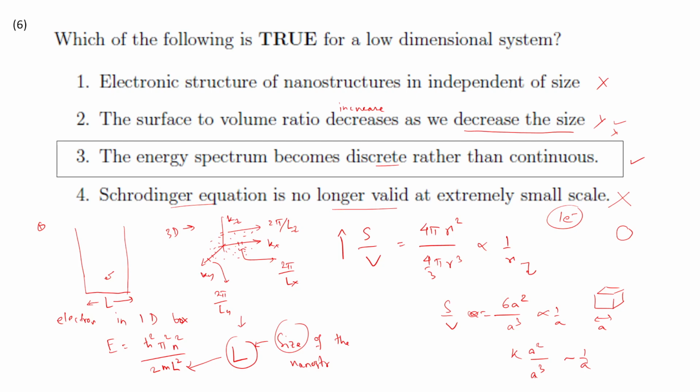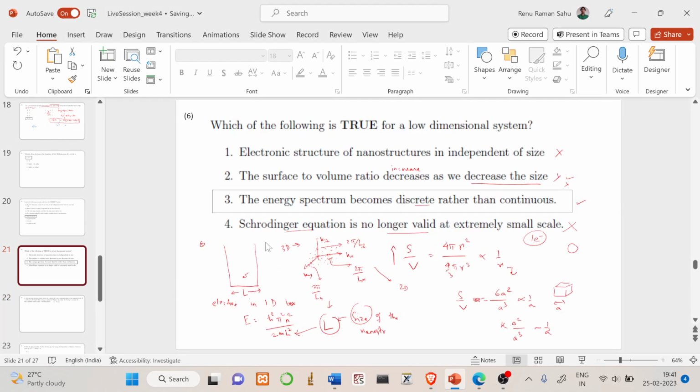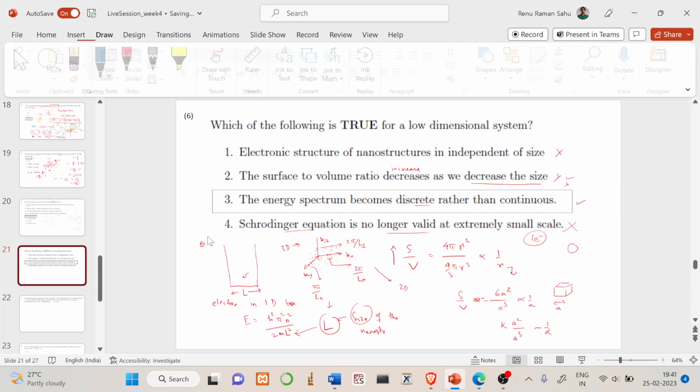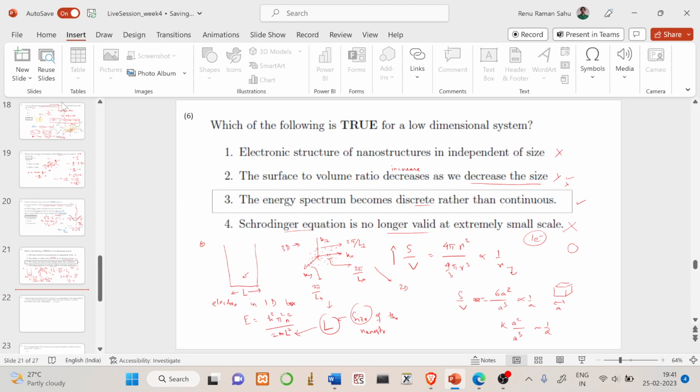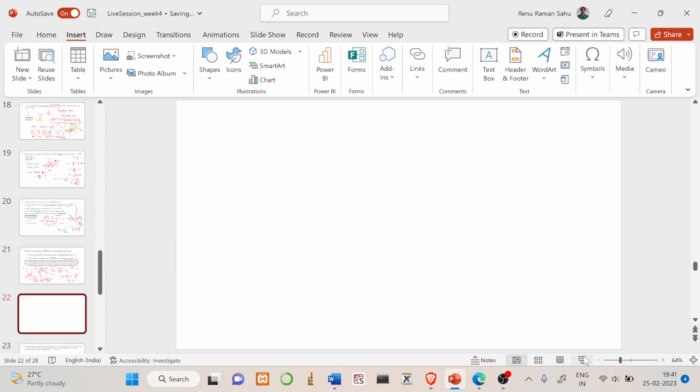Now imagine the case where we reduce the dimension from 3D to, let's say, 2D. What would happen? We'll discuss this in the next slide. So in 3D, what we have is kx, ky, and kz.